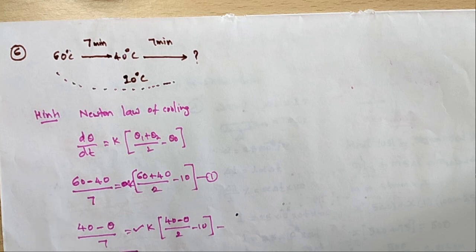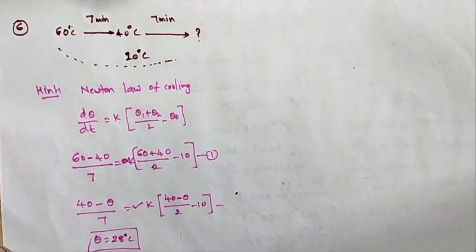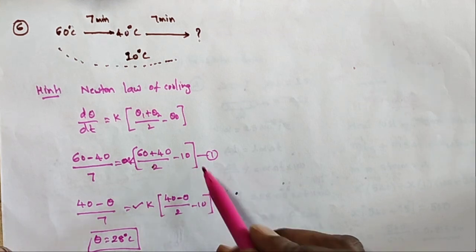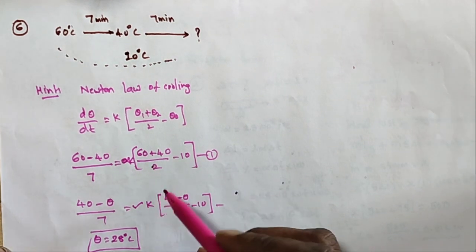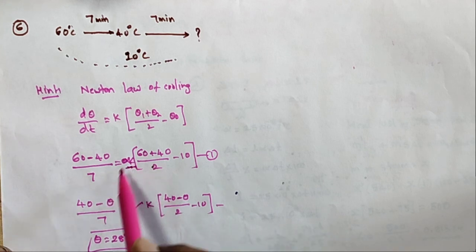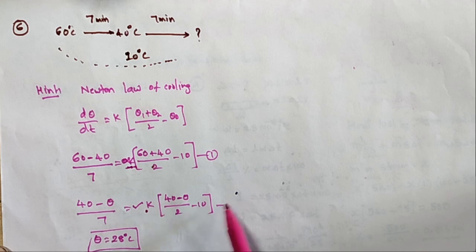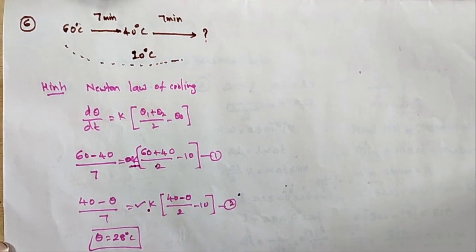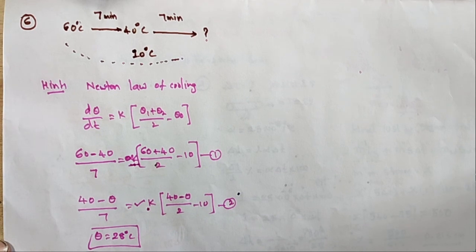Solving these two equations, I will give a hint: take equation 1 by equation 2 and k cancels. That is also a very easy method. Or first calculate the k value, then substitute it in the second equation, and you finally get theta equal to 28 degrees. You can choose any method.